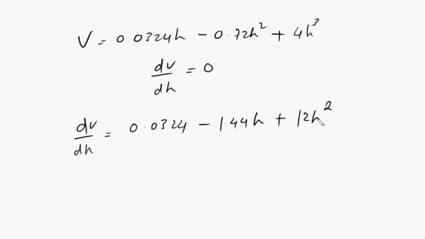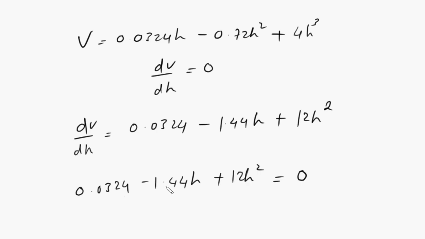By now you should be able to differentiate this in your head. So all of it should be equal to 0, that is dV/dh equals 0.